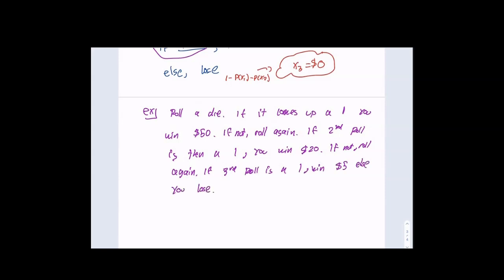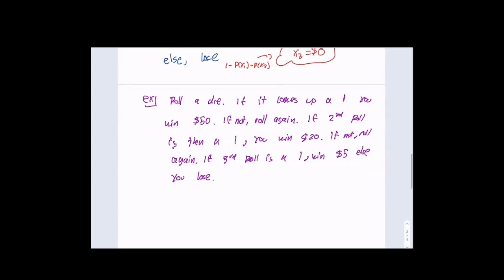Now, sometimes the game will say something like you might have put money into the game. So the game might cost you money. For example, the game might cost you $5 to play. If the game costs you $5, then you have to subtract it from the winnings in terms of your profit. I don't think any of the problems in your homework do something like this.